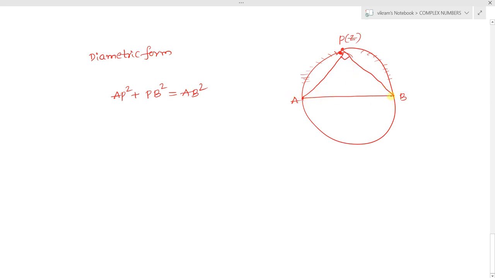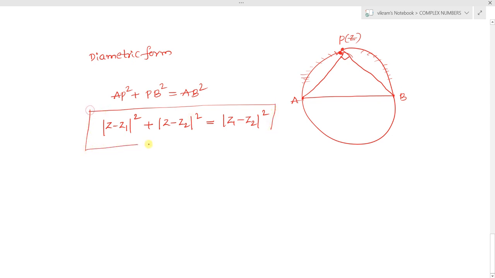AB is the hypotenuse, so we get mod of z minus z1 whole squared plus mod of z minus z2 whole squared equals mod of z1 minus z2 (or z2 minus z1) whole squared, which is the equation of a circle in diametric form.